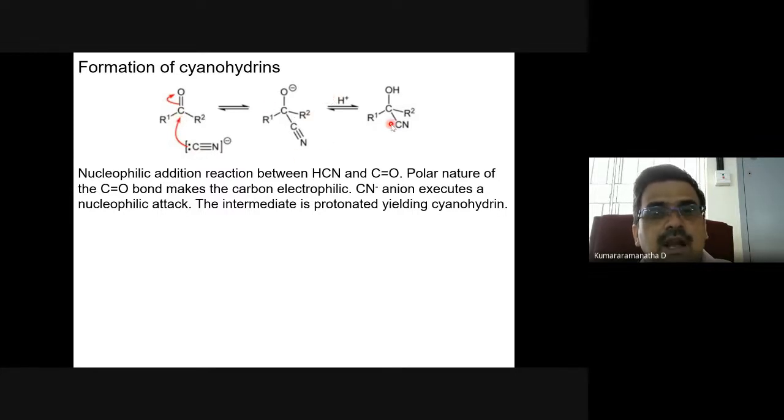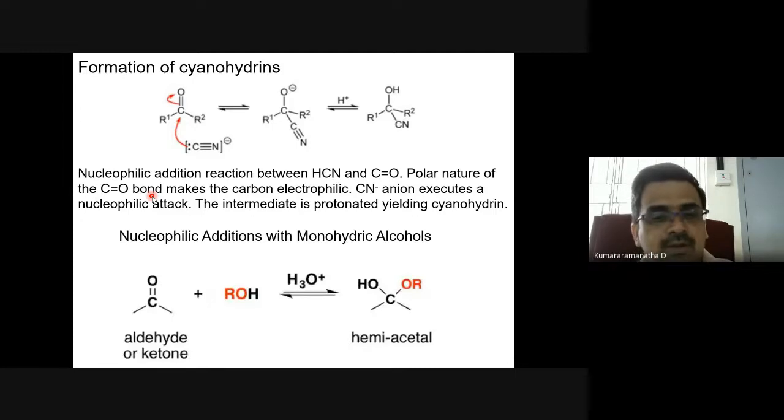You are working in acidic conditions, so after rearrangement you get the corresponding cyanohydrin, with a cyano group and an alcohol group. So this is a nucleophilic attack, and it is an addition reaction. This is an aldehyde in general.